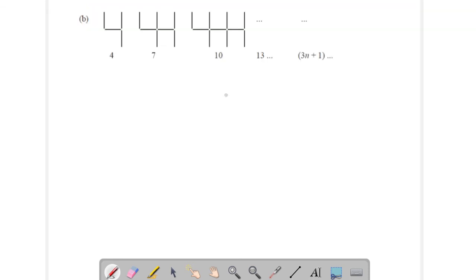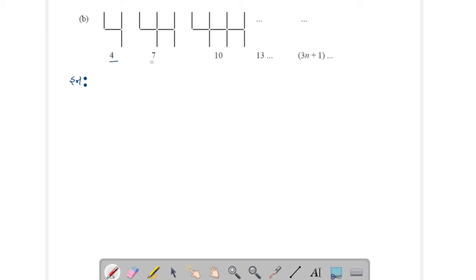Now come to B part. See the solution. What is the general form? Here see, here it is written 4. How many line segments are required for writing 1 four? It is 1, 2, 3, 4. It is 4.